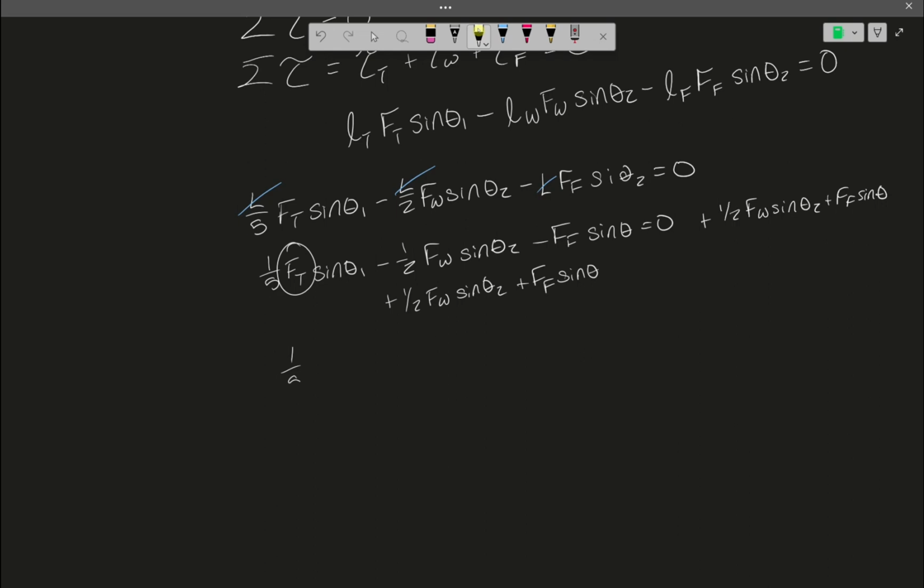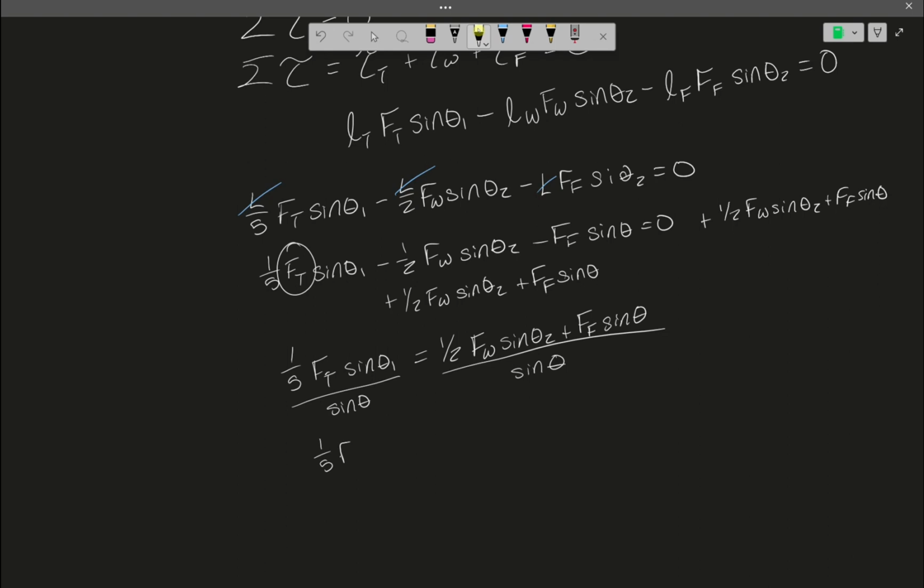That will give me the new equation of 1/5 FT sine of theta 1 is equal to 1/2 the force of the weight of my leg sine theta 2 plus the force of the weight of my foot sine of theta 2. The next thing I need to do is divide both sides by sine of theta 1.